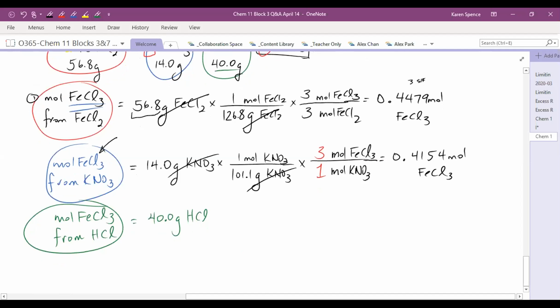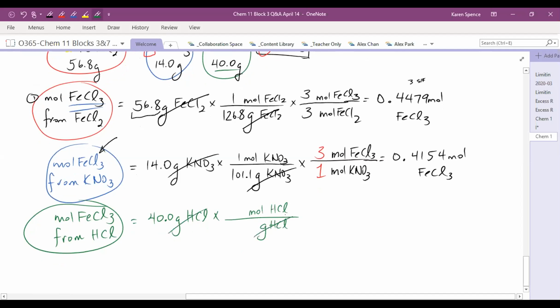Okay, and we want to cancel the grams of HCl, and we're going to go to moles HCl, because the first thing you always do if you're not in moles is go to moles.